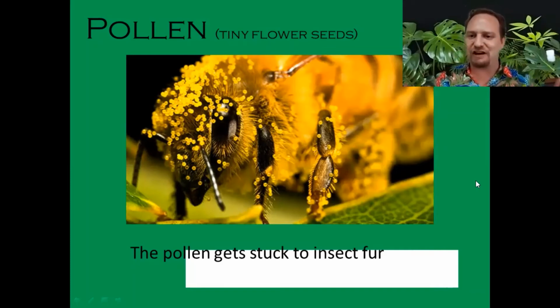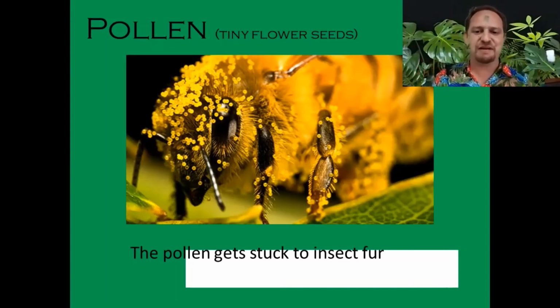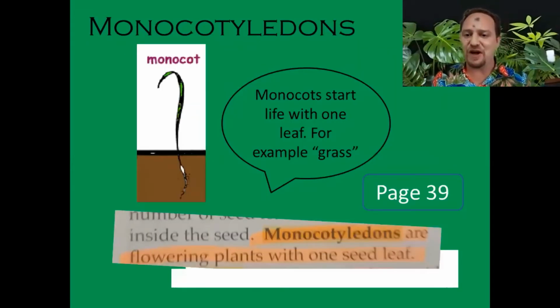Okay, the bees are great for pollinating because they go inside the flower and the grains of pollen stick to their fur. Then they travel to another flower and they will pollinate that flower. So bees are super important for pollination, okay, and reproduction of flowering plants.